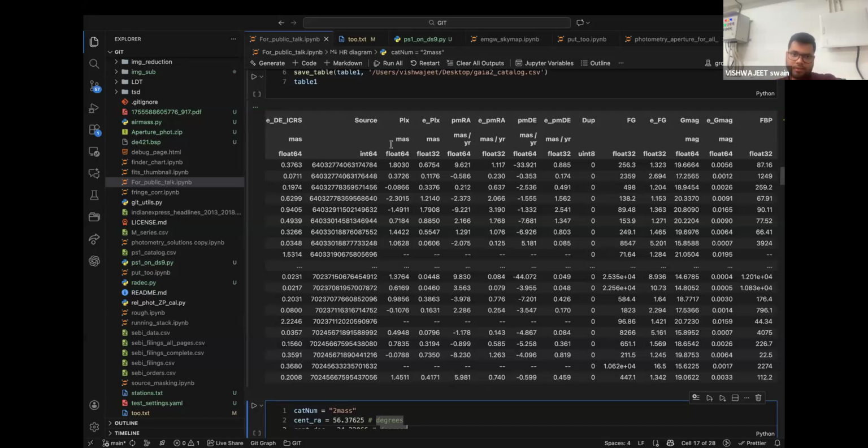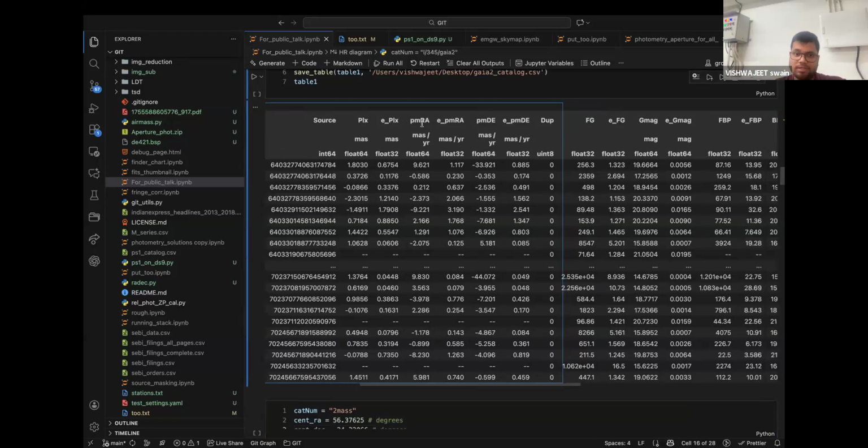If you take the reciprocal of this value, you will get the distance in parsecs. And then again we have the error in parallax, and then another important one is proper motion. There are lots of stars which are actually moving across space.